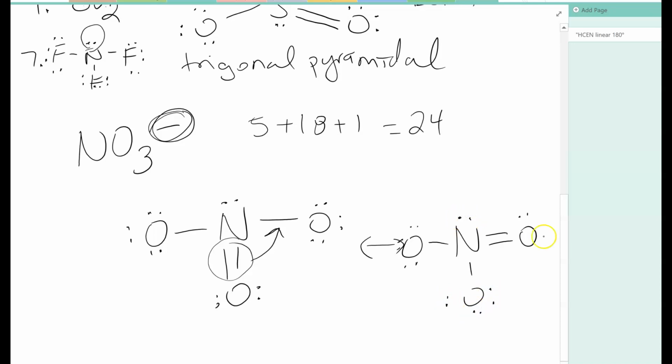And you can move that double bond also to the other one and redraw it. And these are called resonance structures. Again, this only happens when we're dealing with this moving double bond, and usually it happens with polyatomic ions and a lot with nitrogen, like SO3 or NO3. O3, ozone, also does resonance. So it's not part of the normal structure, but just keep in mind that it does exist.